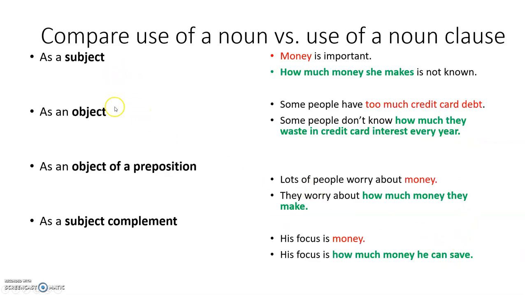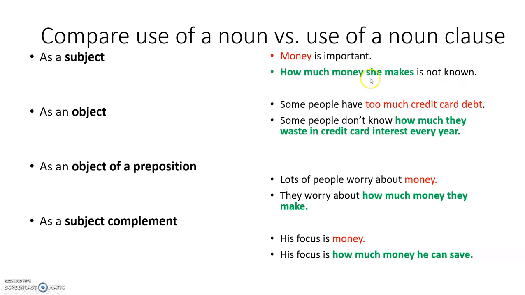Here, I'm showing each function of nouns that we have talked about. And on the right side, you can see an example in red with just a noun or a noun phrase. And you can see a sentence with a noun clause in green. "How much money she makes is not known."